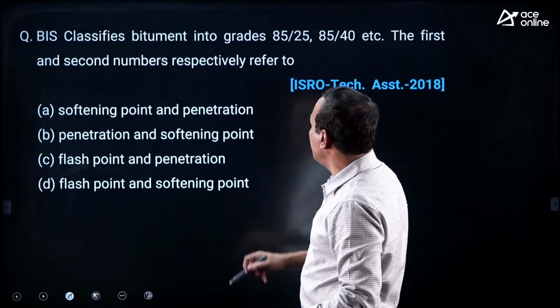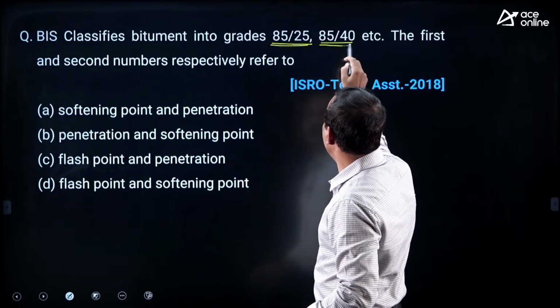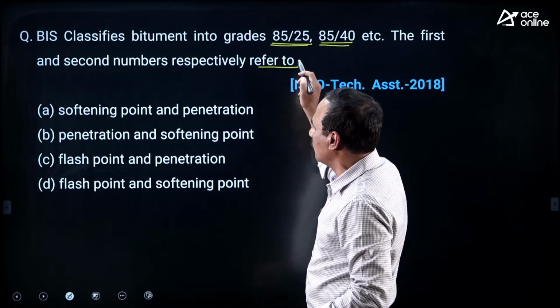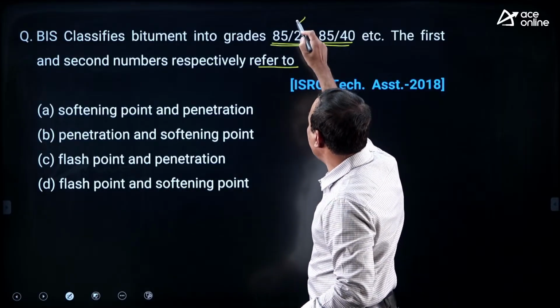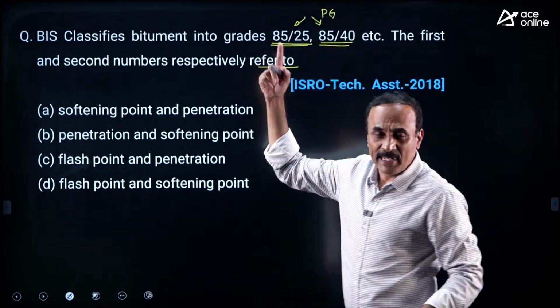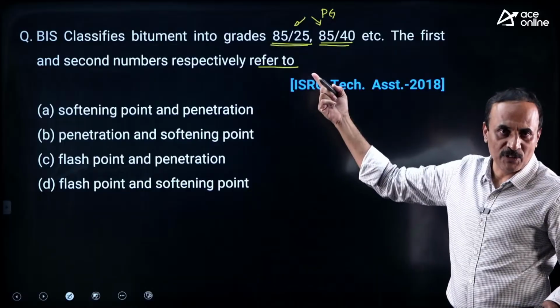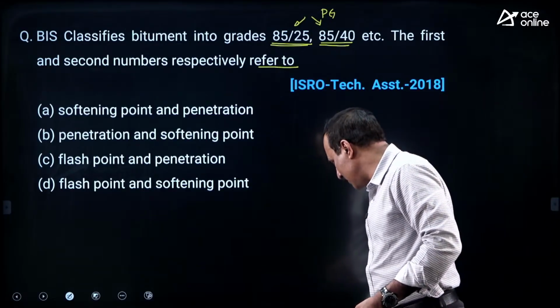BIS classifies the bitumen into grades 85 by 25, 85 by 40, etc. The first and second number respectively refers to. So, actually these are penetration grades, penetration grade decided based upon penetration value of the bitumen at standard 25 degree centigrade, you remember that. So, any answer please?